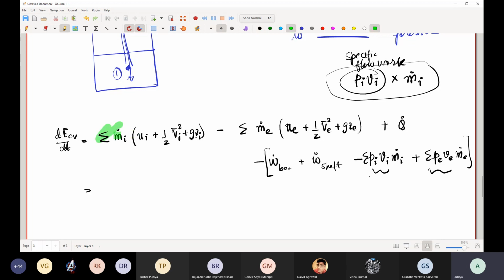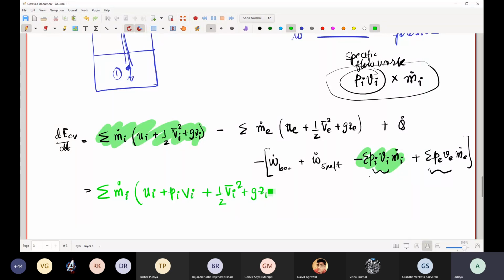Now let us combine the different terms. Let us take this term and this term. Let me write it in green. So we have summation m dot i, ui plus pi vi plus half vi average squared plus g zi. Let us combine this and this.